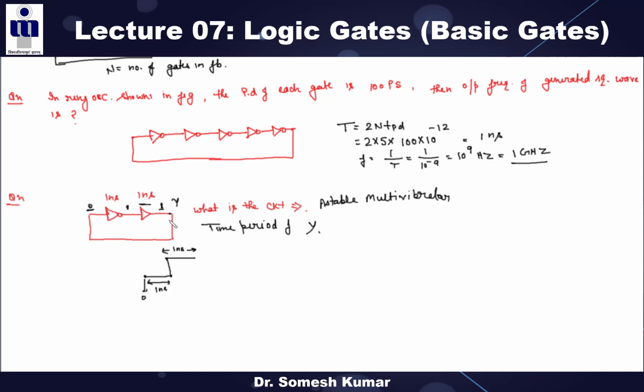Again this 1 is given to the input, and after how much time will you again get the 0 here? After 1 nanosecond. So in total, for 2 nanoseconds it remains 1. After that it becomes 0, right?